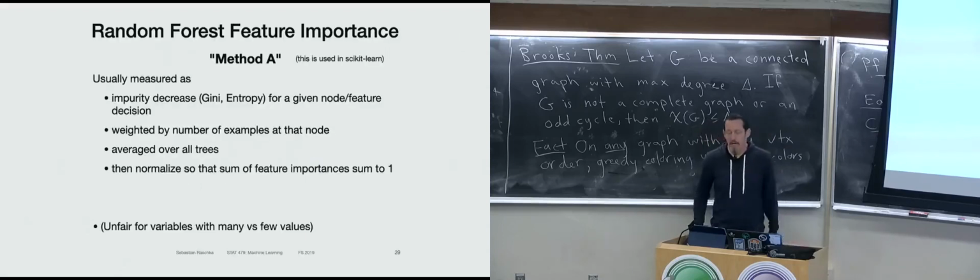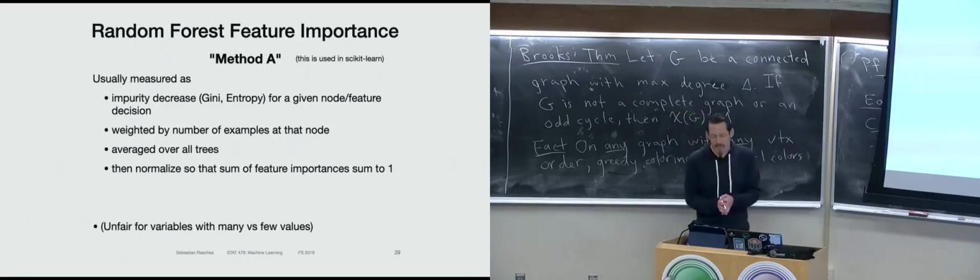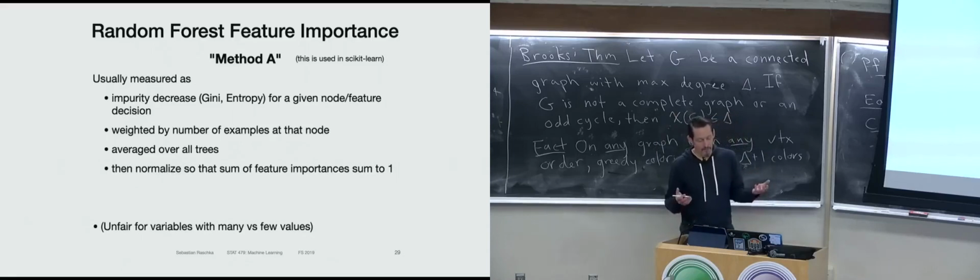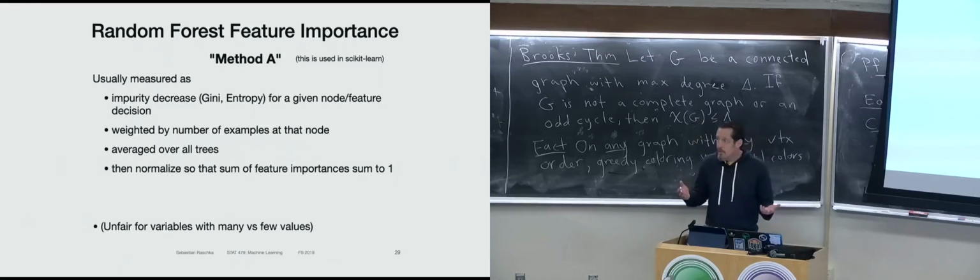Okay, how do we measure feature importance in our forest? Well, we've got ways to weight this over all trees. We'll just take the feature importance in tree 1 and tree 2 and tree 3 and tree 4, and we can combine them in different mathematical ways.